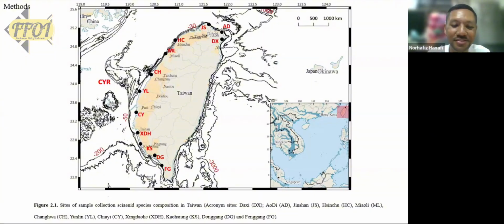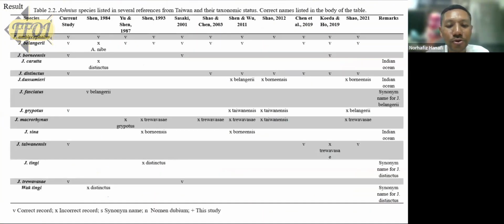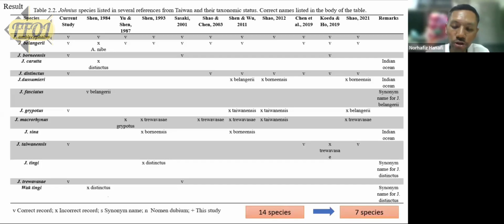Very interesting. So I made the revision for Taiwan based on 11 references. From the 11 references, they had 14 species recorded.